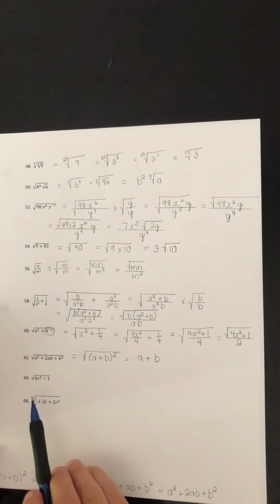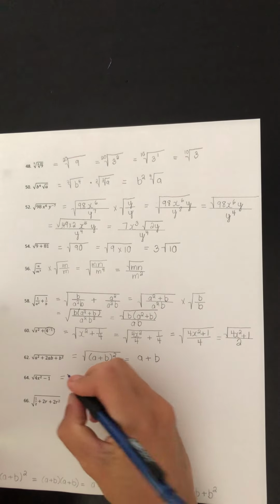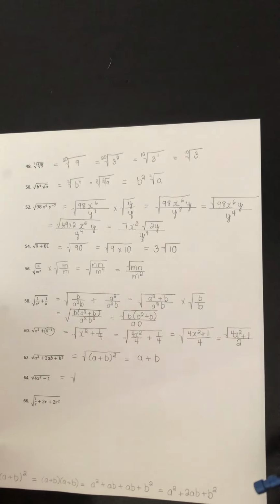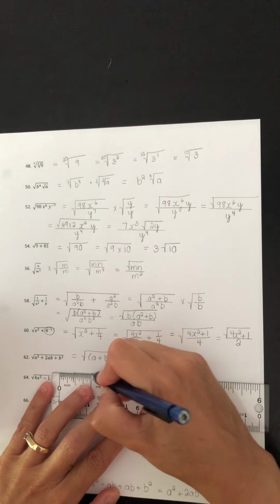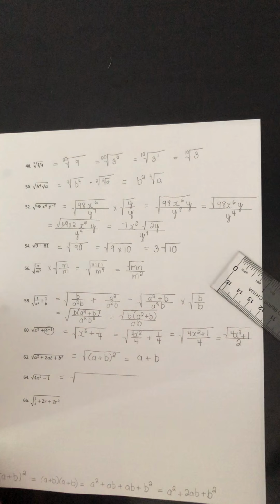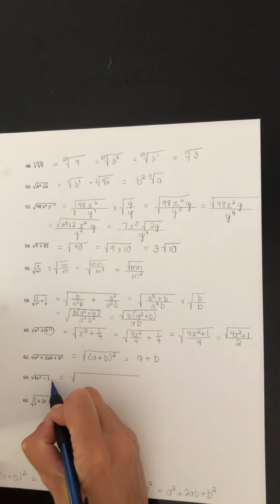Okay, take a look at 64. What's the factored version of that binomial? In fact, if we were going to factor it, we would not get a perfect square, okay? This is difference of squares, right?